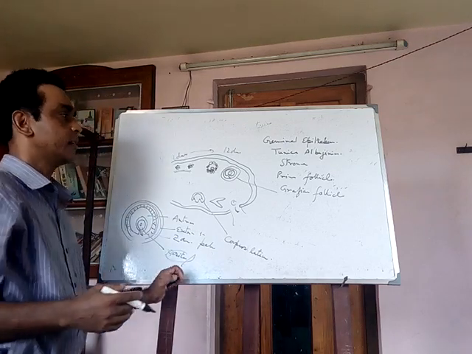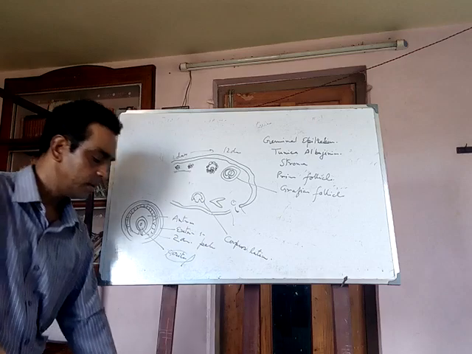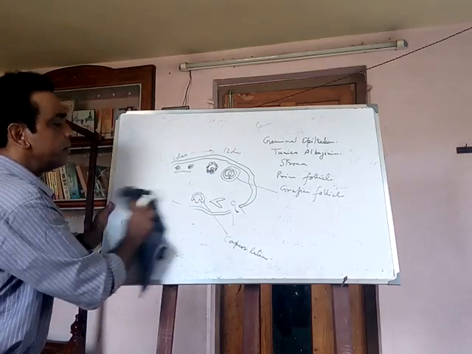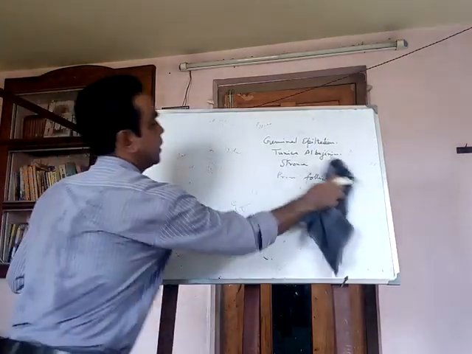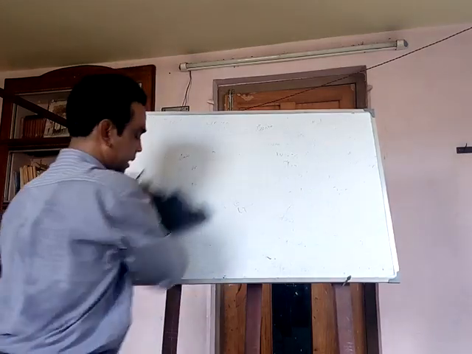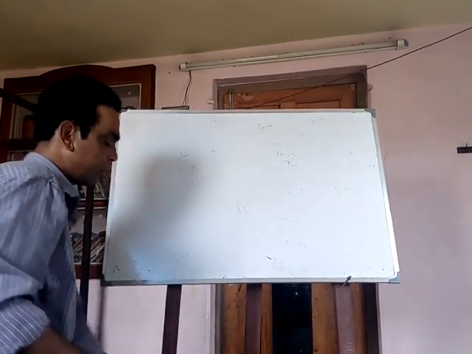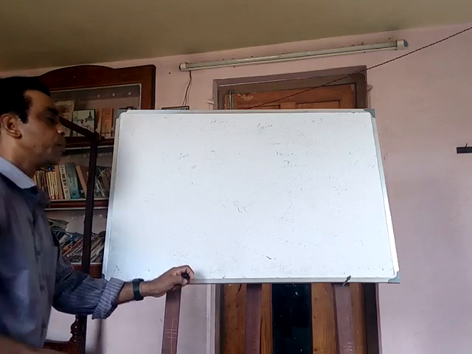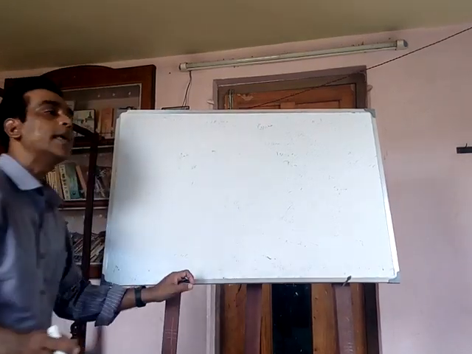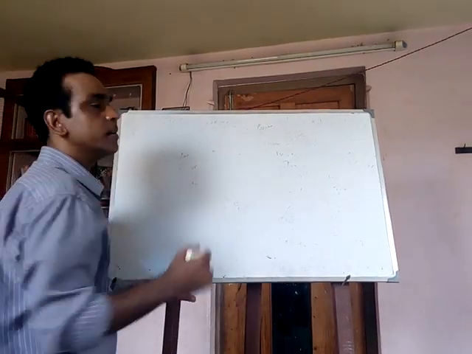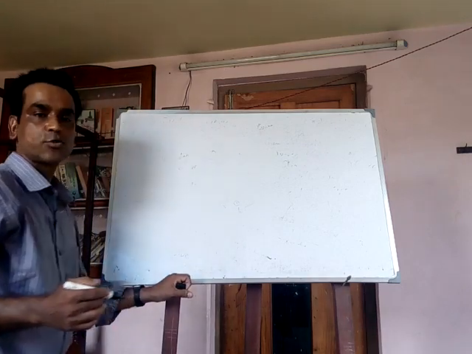So here we present the total sexual organ, and now I discuss the process by which the egg is produced in the female sexual organ.